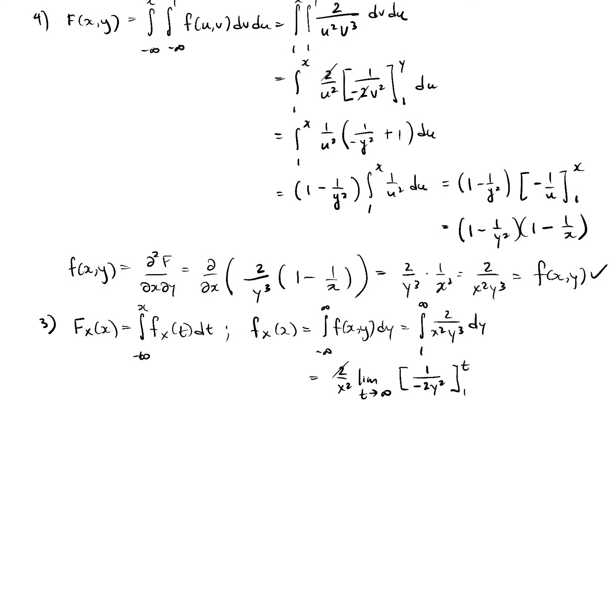That 2 will cancel with this 2, and we end up with 1 over x squared times, I forgot the limit, so let's write that in, the limit as t goes to infinity of 1 over minus t squared minus minus, which is plus 1. And then as t goes to infinity, this term goes to 0. And so our marginal density is 1 over x squared.